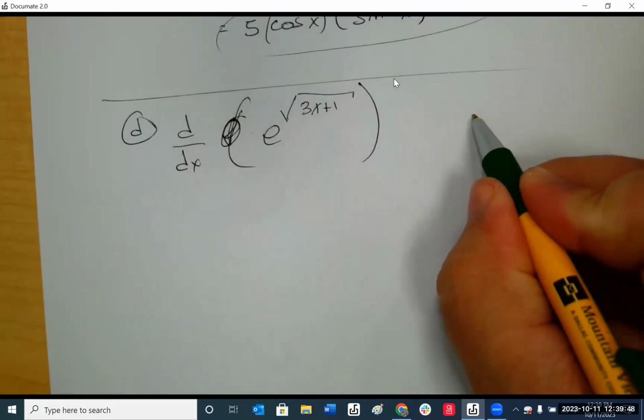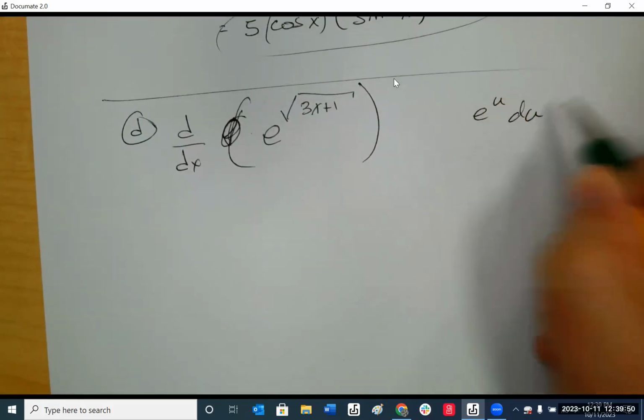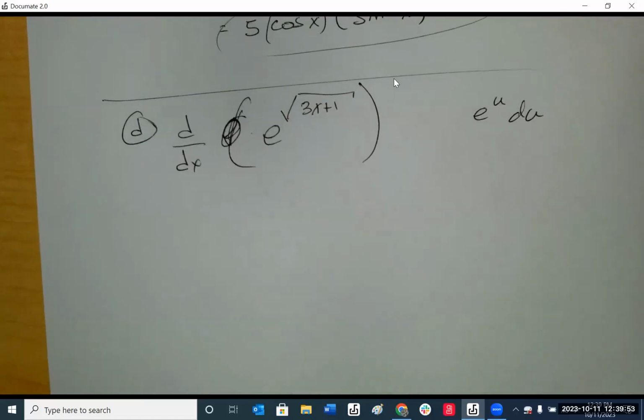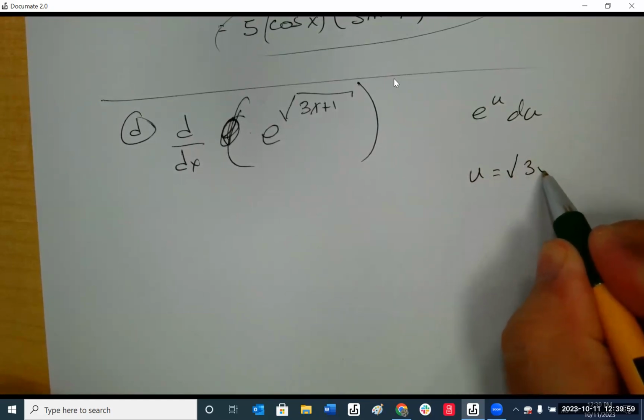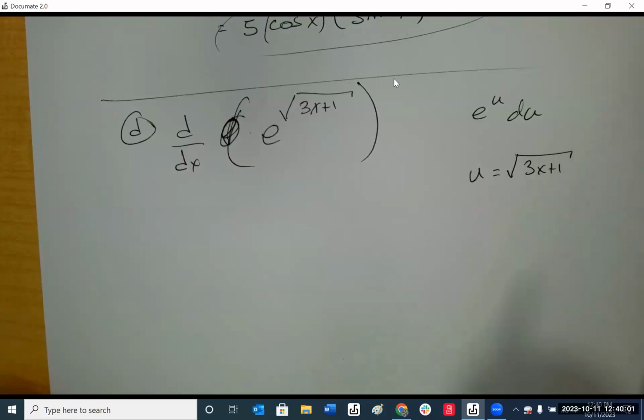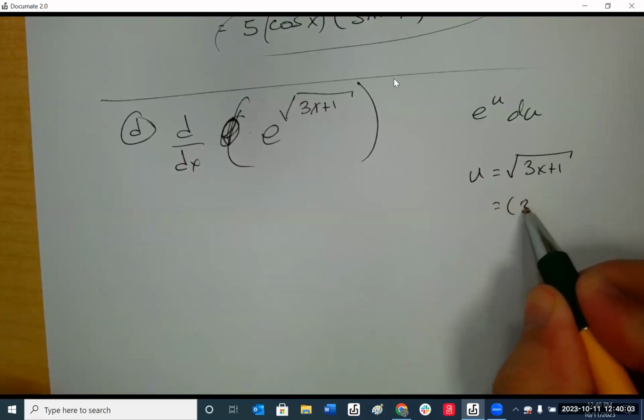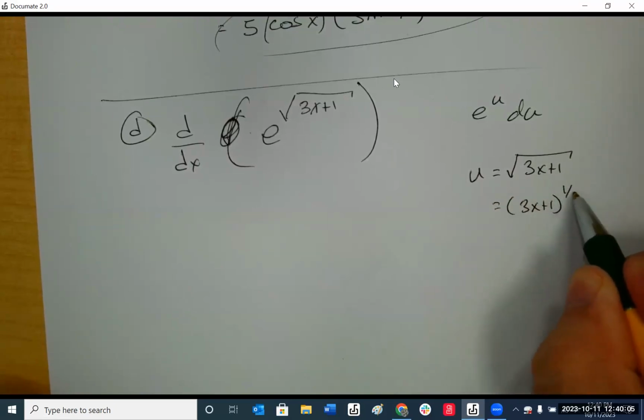Remember the rule we had? e^u du. u is going to be 3x plus 1 to the power 1/2.